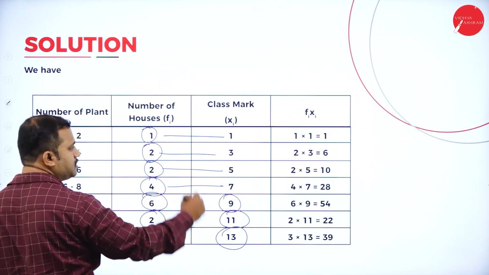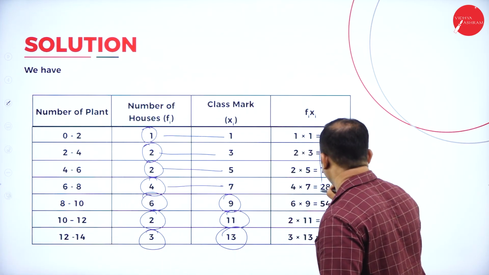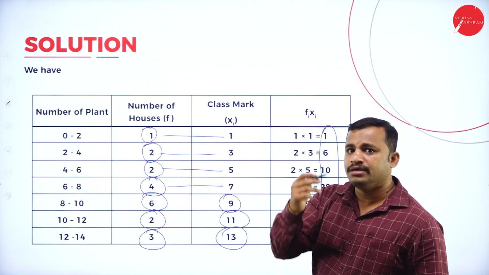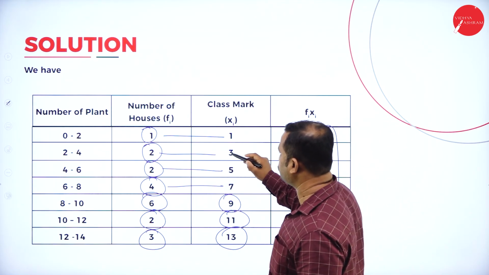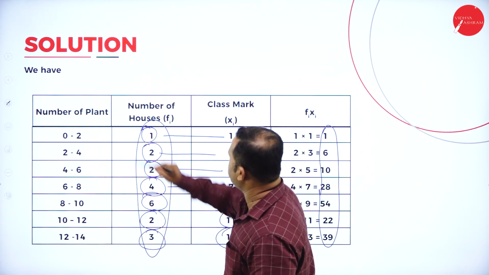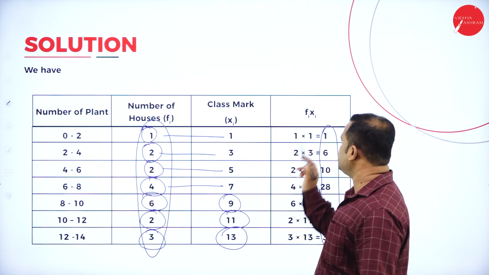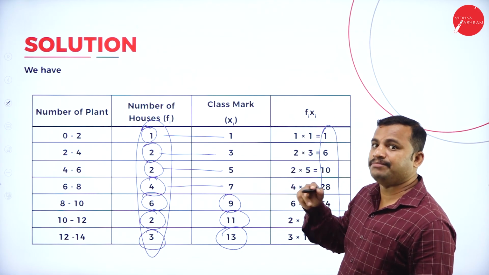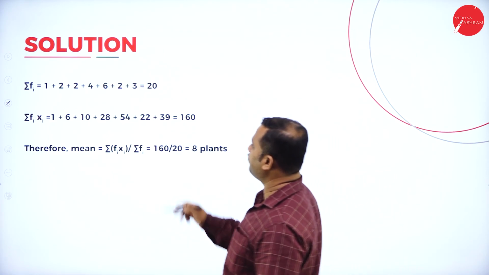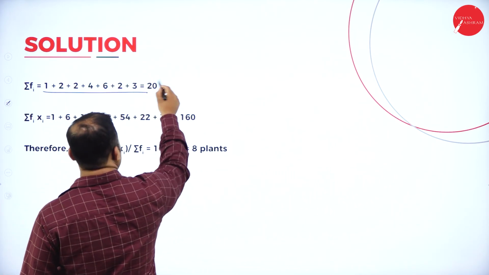So if I add up these terms, that is Fi Xi, I'll get some value. I'll divide it by Fi, that is the frequency distribution. What is that frequency distribution? This one. Summation Fi Xi divided by summation Fi. That gives me the value, summation Fi, which is equal to 20.